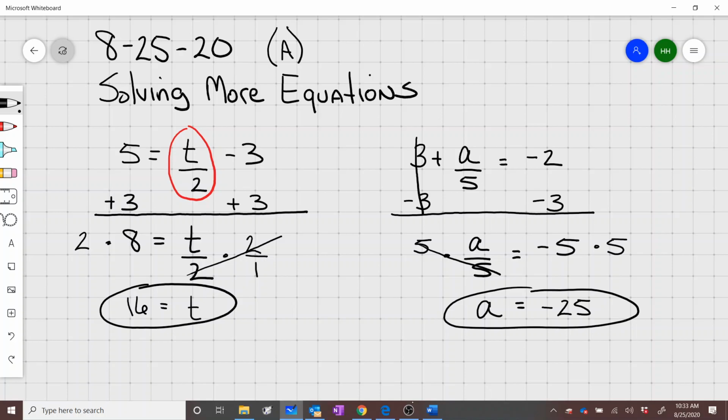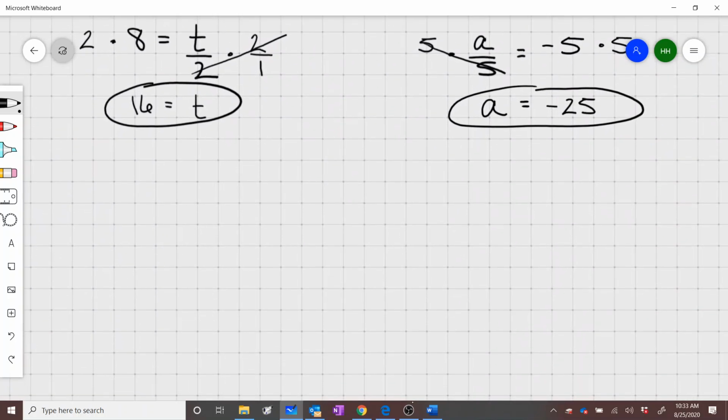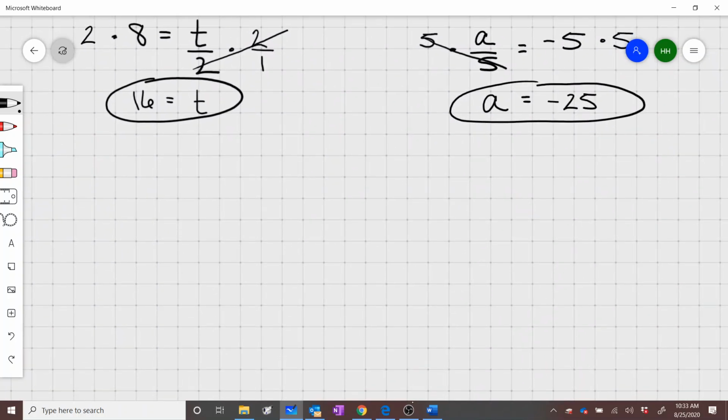Can you handle that? Let's do one more. Let's do something like 12 equals x over 4 minus 7.